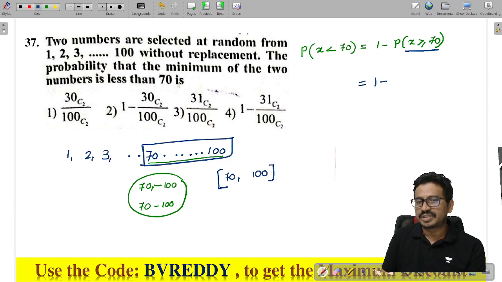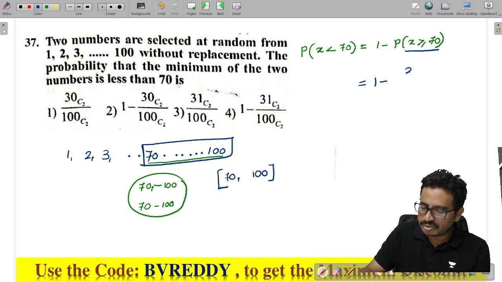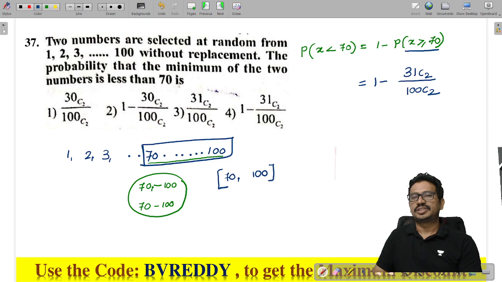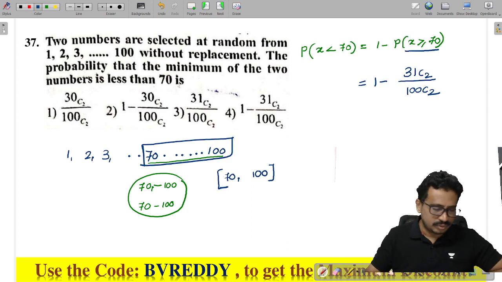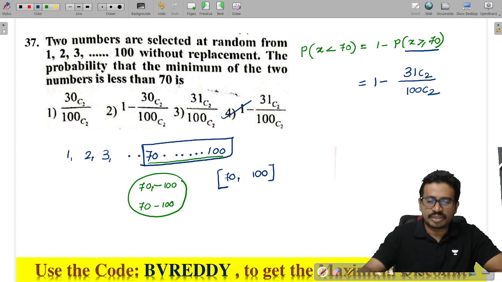Then how many numbers are there totally? 31 numbers. So we need to select 31 C2 by 100 C2. This is the probability that the minimum of the two numbers is less than 70. So the option is the fourth option.